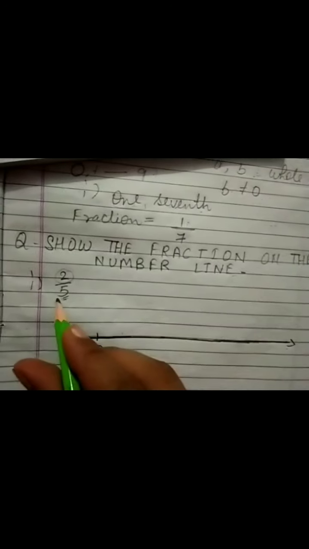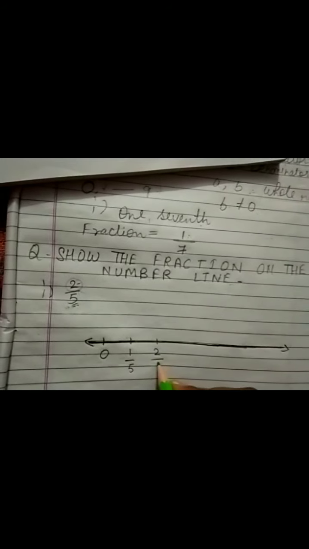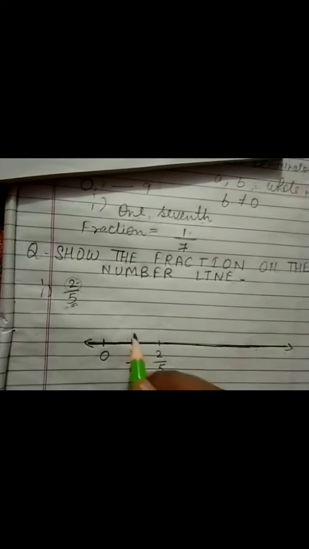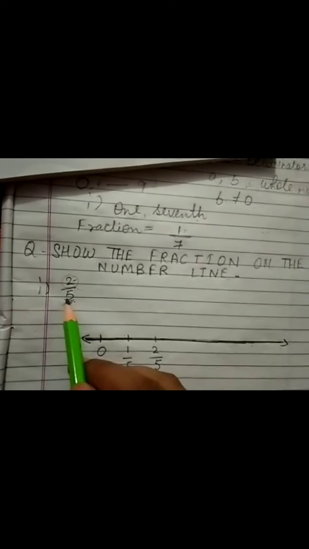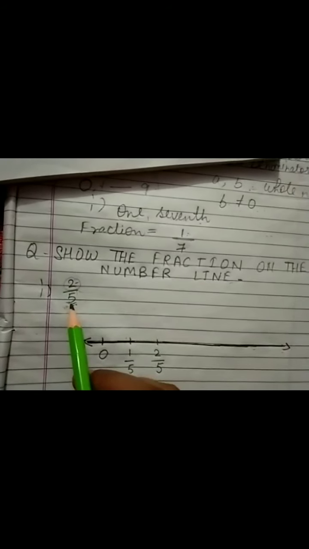Since the fraction is given in the question, you have to divide this number line into 5 equal parts and consider 2 parts out of 5. So you can write 0, 1/5, 2/5, because the total parts in the fraction are 5.